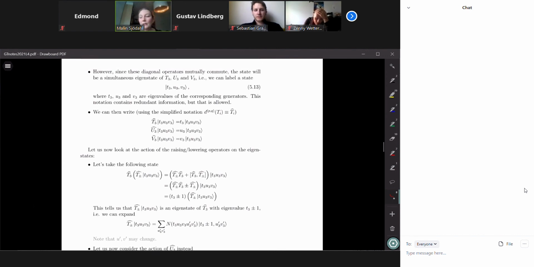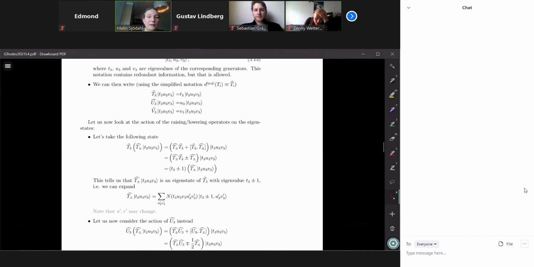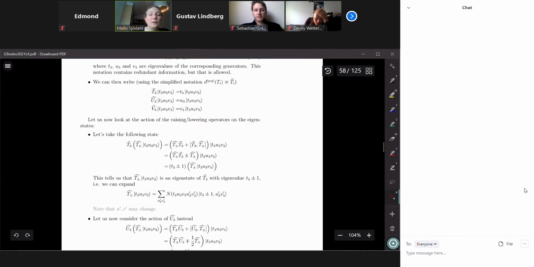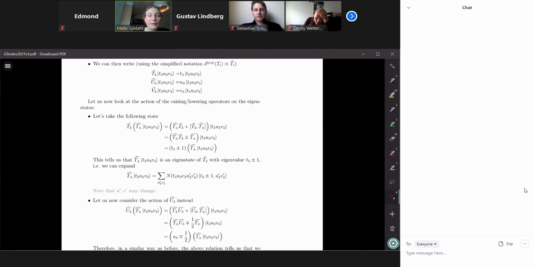Okay, and now we will explore the action of the raising and lowering operators on the eigenstates. So first we act with T3 hat, or I will just call it T3, on T plus minus on this state. And this is exactly analogous to the SU2 case.